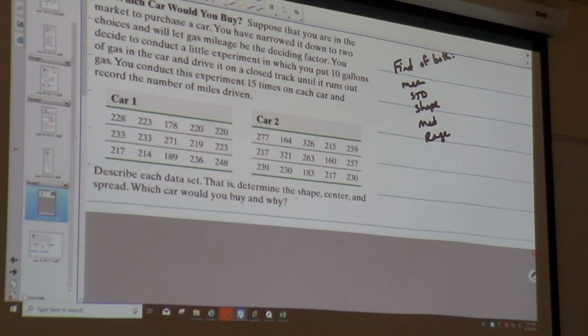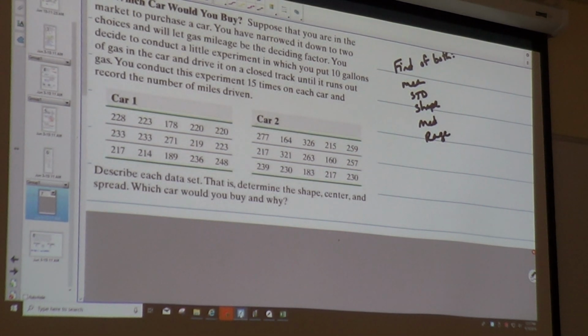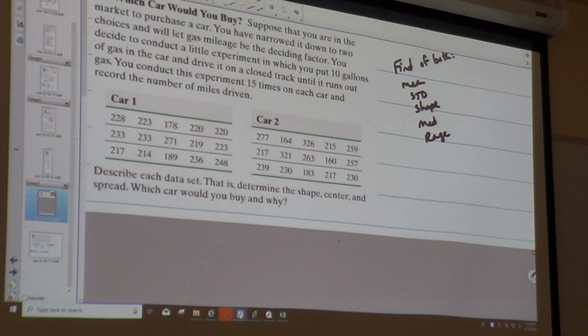What kind of standard deviation is this? Sample or population? What do those numbers represent for car 1? All the times I drove it, or part of the times of all the times I drove it? Did I drive it 100 times and I'm only telling you 15?